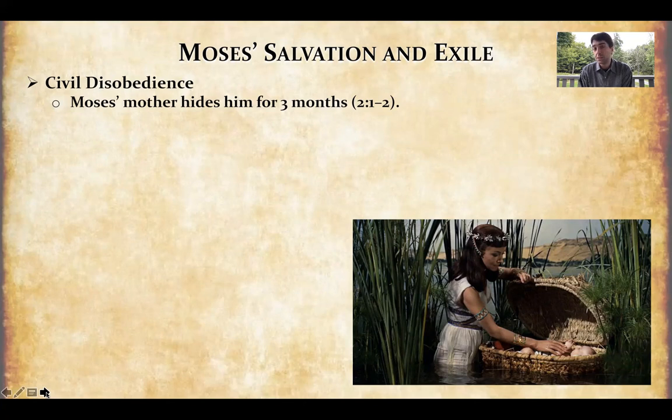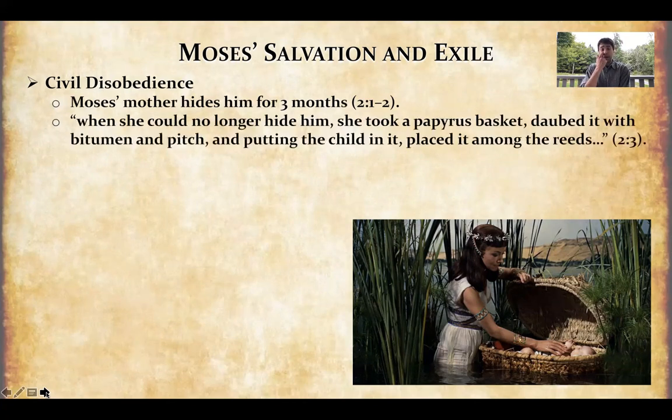She hides Moses for three months. We don't even know if Moses has a name at this point, just that it's a boy, that he's hidden. And when she can no longer hide him, she takes a papyrus basket, daubs it with bitumen and pitch, and puts the child in it, placing it among the reeds.